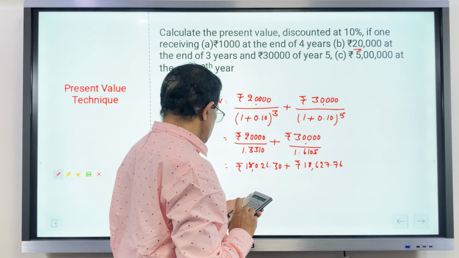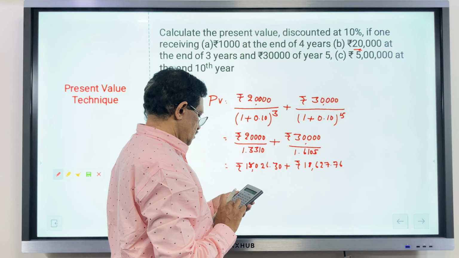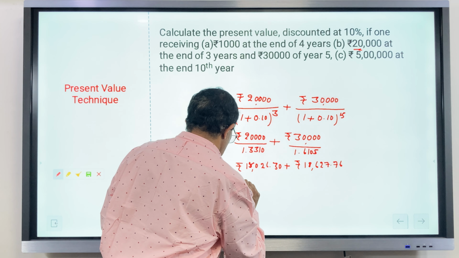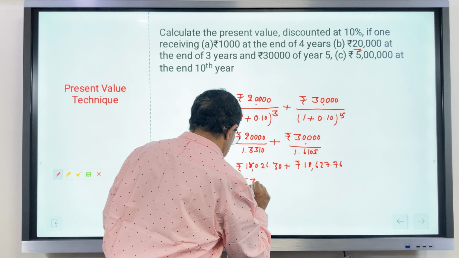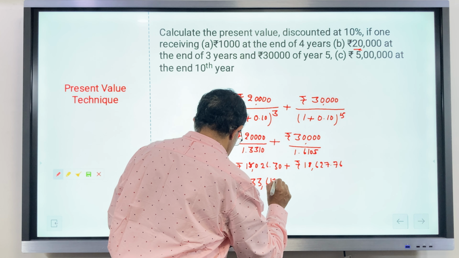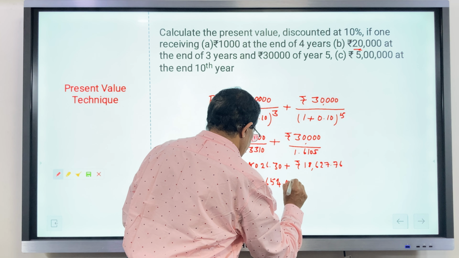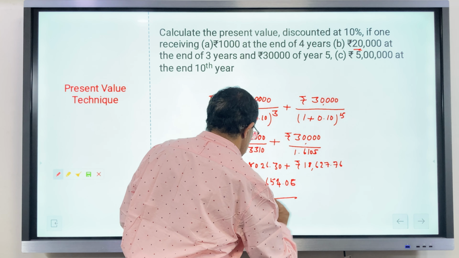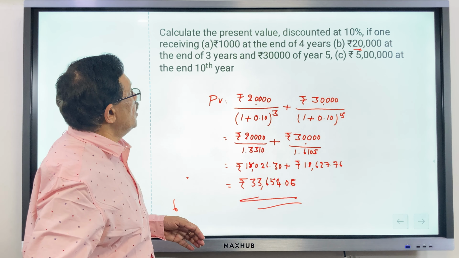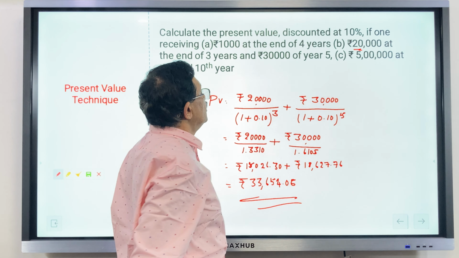So let us add these two. In all we are getting rupees 33,654.06. So this is the present value when we are getting 20,000 at the end of third year and 30,000 at the end of fifth year.